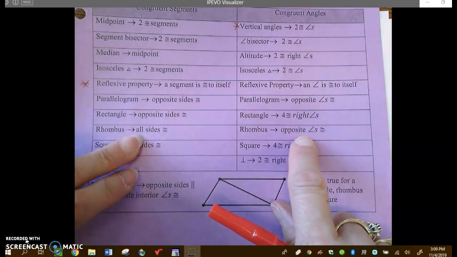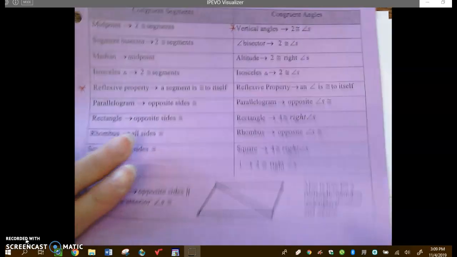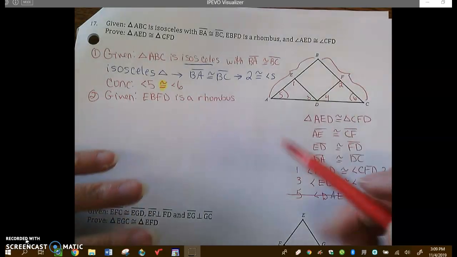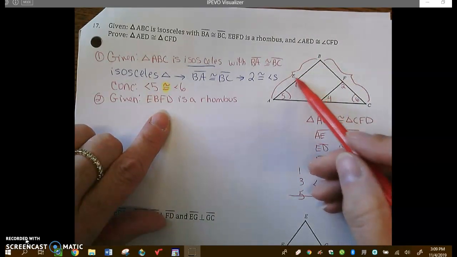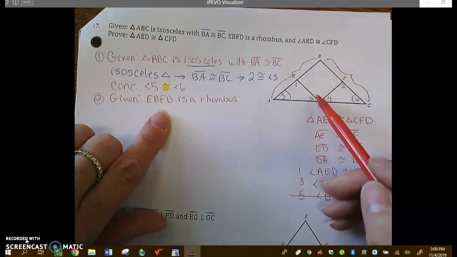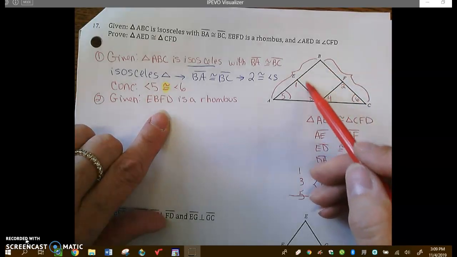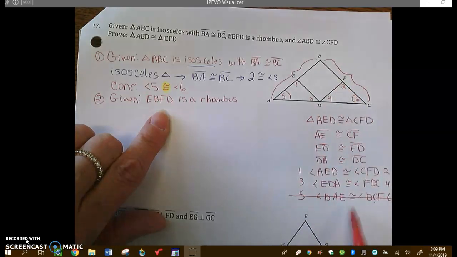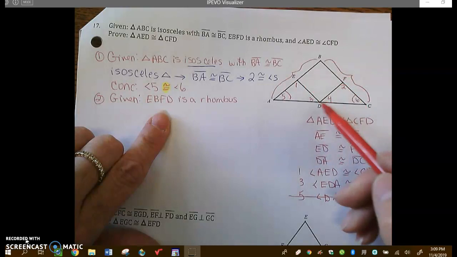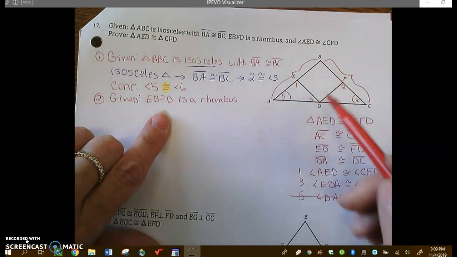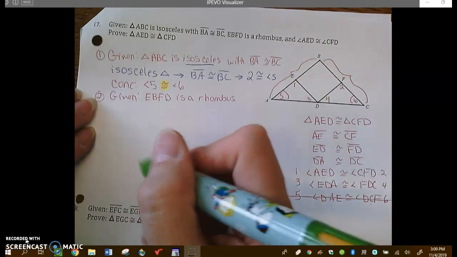Maybe I need both, maybe I only need one. So right now I'm just going to look at the picture and see what I need. So I have rhombus EBDF. Yes, it's true opposite angles are congruent, but the opposite angles in my rhombus are not in my 2 triangles, so I don't want to use that. It is true all 4 sides are congruent. So that's the one I want to use.